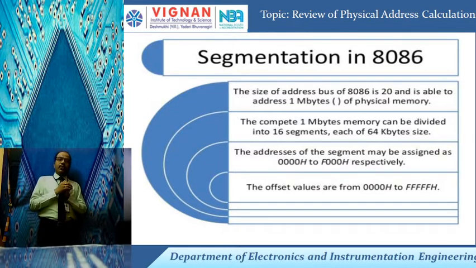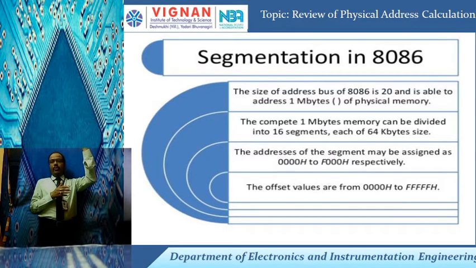The next segment may start from 10000 to 1FFFF. These 5 digits are actually hexadecimal. Actually it is 20 bits, but we represent it in hexadecimal for ease of writing and remembering. So the complete physical memory starts from 00000H to FFFFH.